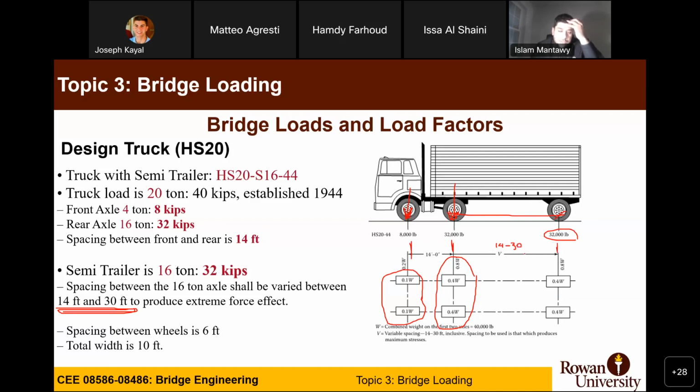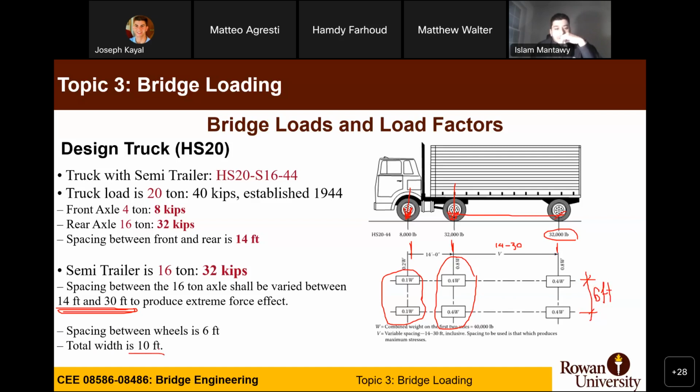So what is the distance between the wheels? Would be 6 feet. Correct. Okay. And what is the total width of the truck? Would it be 10 feet?